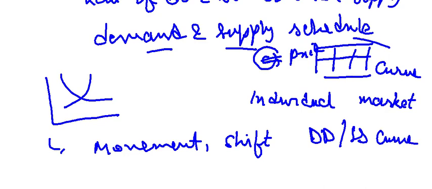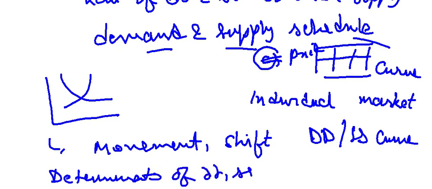The next point we have to study here is determinants of demand and supply. And then the last point here is exceptions to the law of demand.